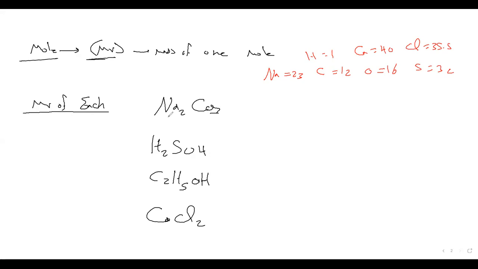Calculate the molecular mass of each of the following. What's meant by molecular mass? Mass of 1 mole. So how do we calculate Na2CO3? Na 23, how many atoms do we have? 2. So 23 multiplied by 2, plus, between elements we have plus, carbon 12 plus O equal to 16 multiplied by 3.